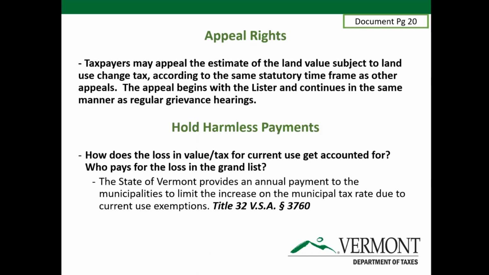So if your town has voted exemptions where the town carries the liability for the education piece, or veterans exemptions, for example, most of us have those, that local agreement rate would also be reimbursed to the town. So if your town separates your municipal budget into town highway, fire, water, all of those different parts and pieces, if it's a municipal rate, your town is being reimbursed for that.